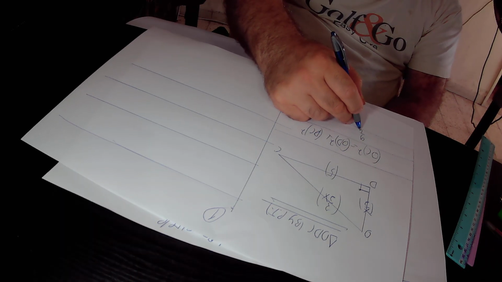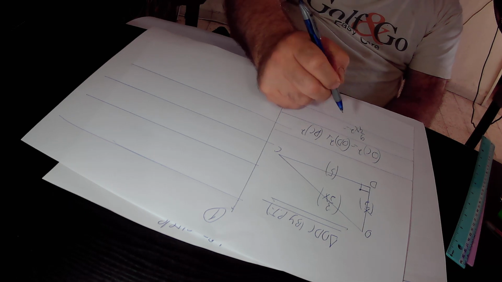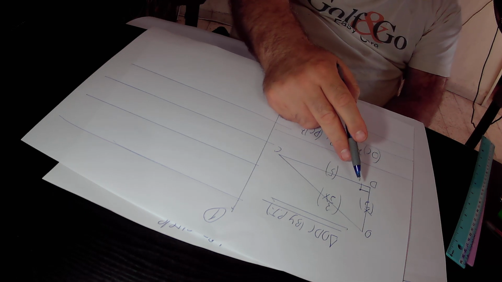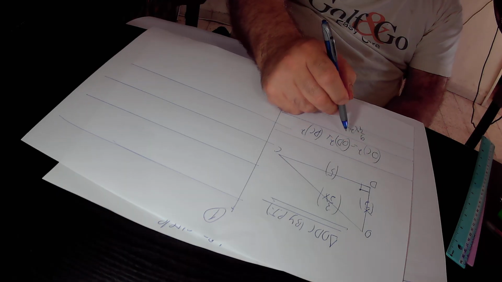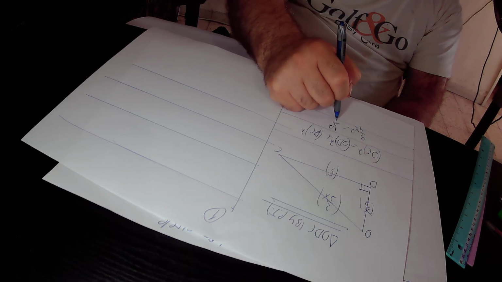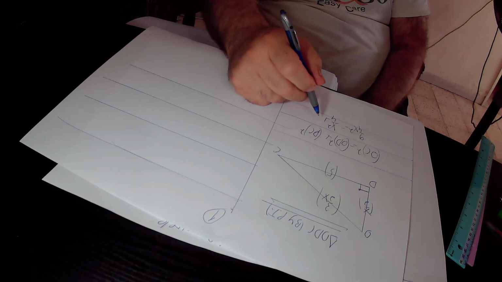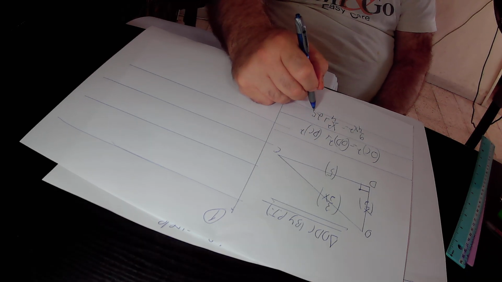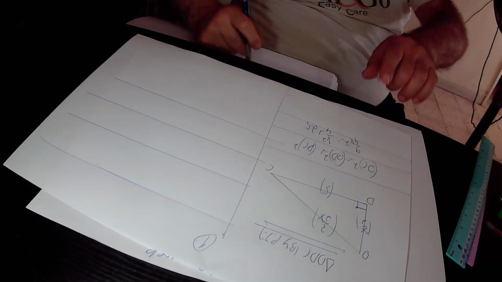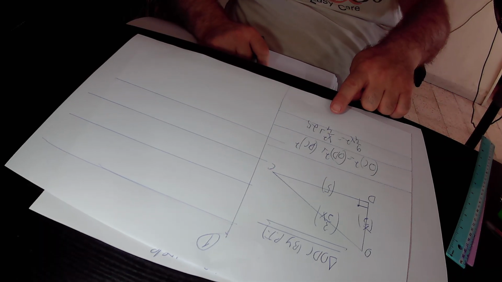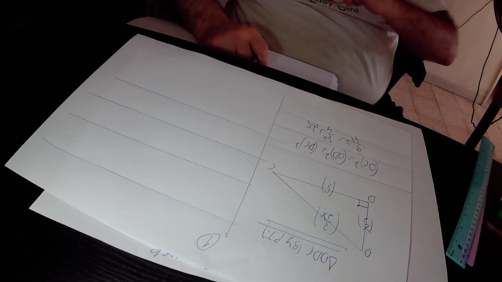9 over 4 times x square equals OD square. OD is x over 2, therefore OD square is x square over 4. Plus DC square. DC is 5, therefore DC square is 5 square, that is 25. So we found out that 9 quarters x square equals 1 quarter x square plus 25.